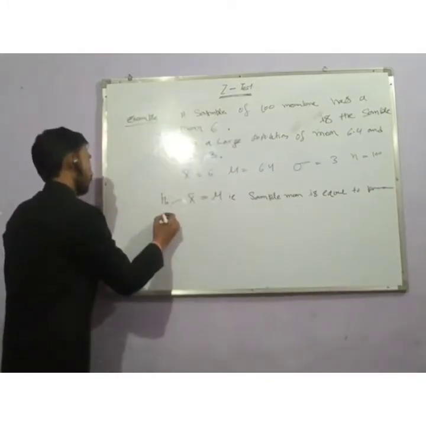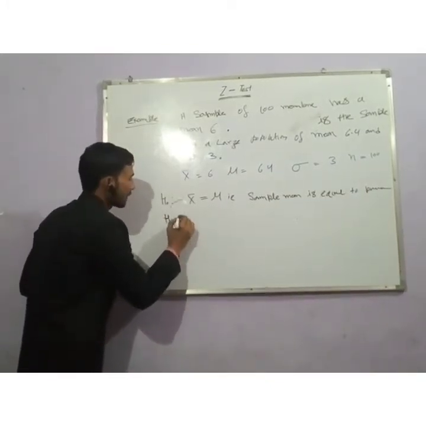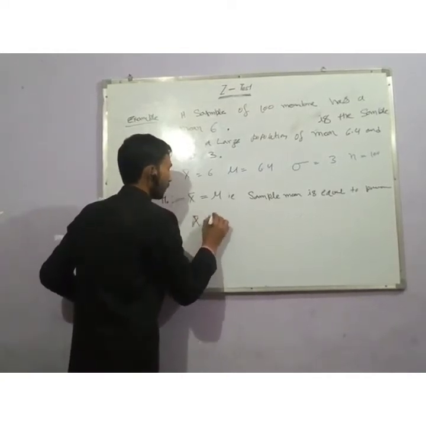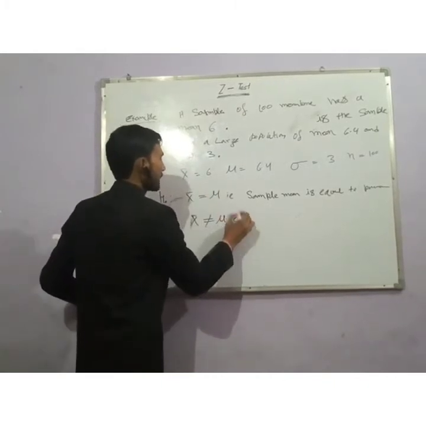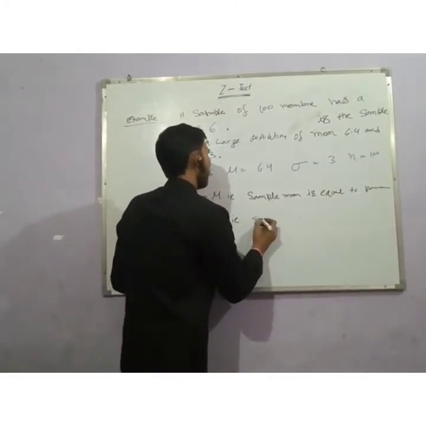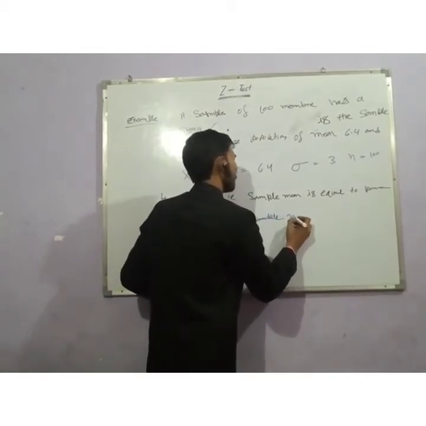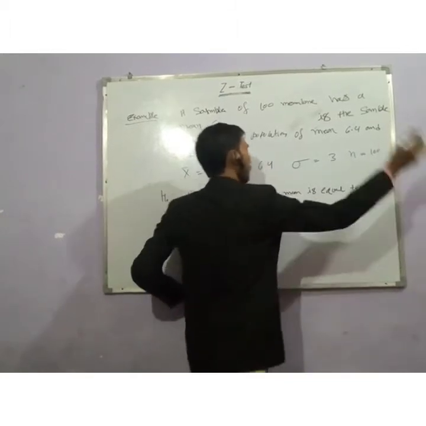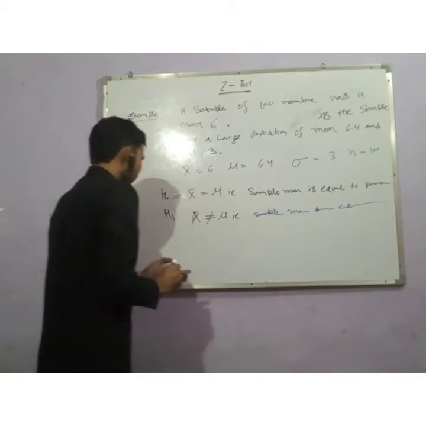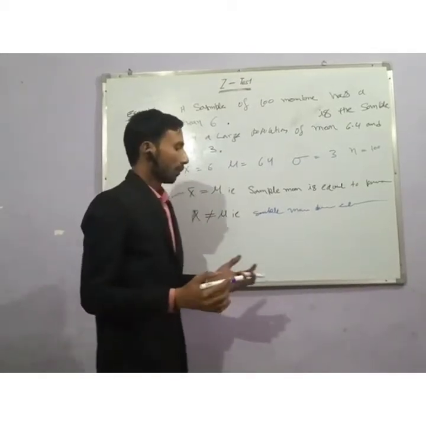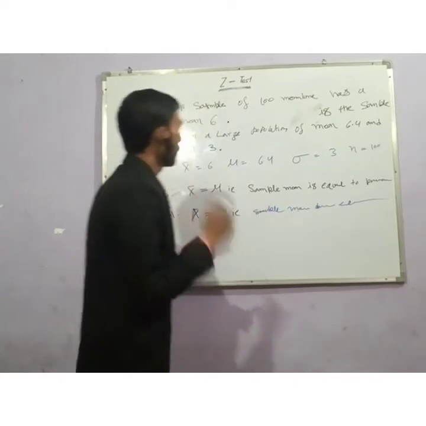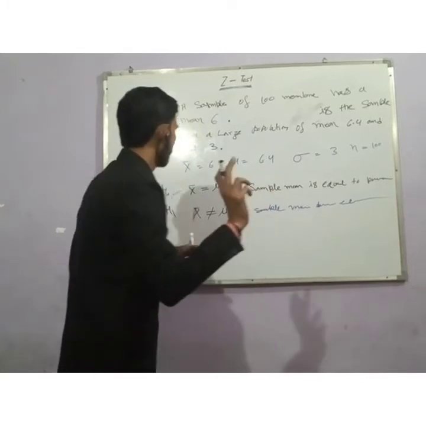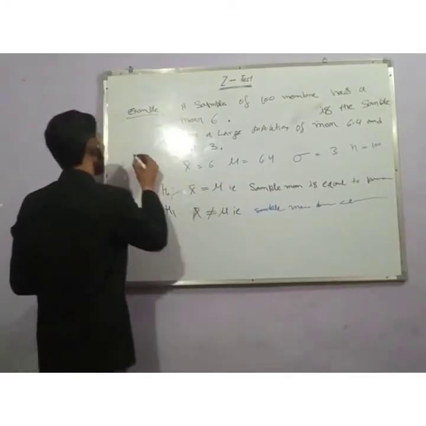Now the alternative hypothesis: x bar does not equal mu, that is, the sample mean does not equal the population mean. Third step, fix the level of significance. Dear students, in all agricultural conditions the level of significance is mostly 5%.